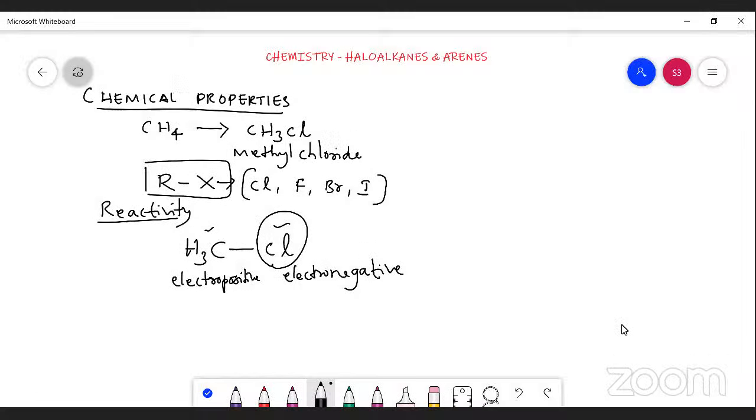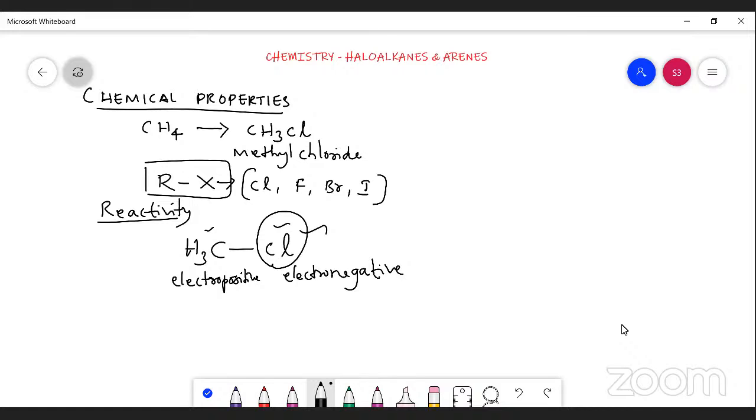What is called electronegativity? It means the tendency of an atom, especially with the halogen groups, to attract the shared pair of electrons towards itself.